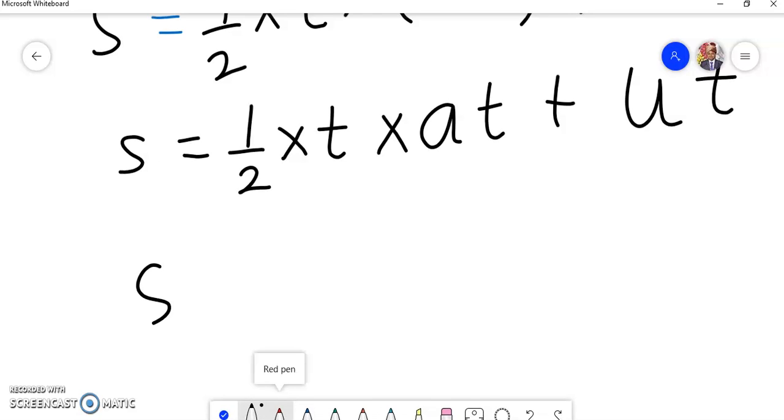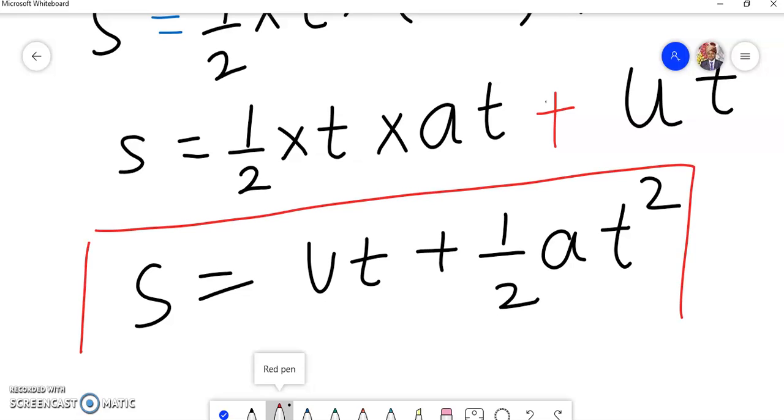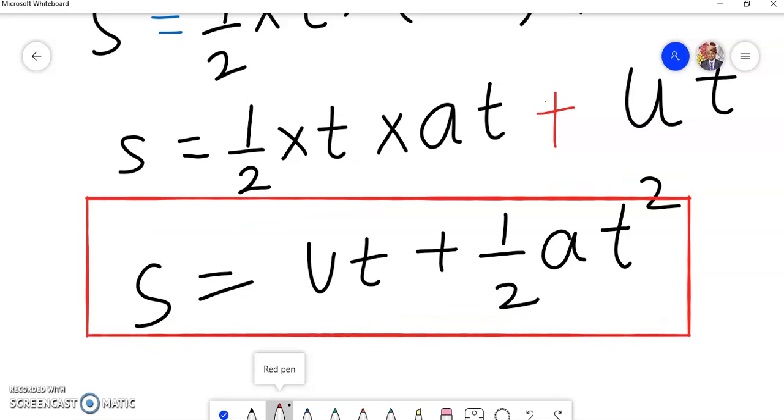See, S is equal to ut plus half at square, and this is your second equation of motion.